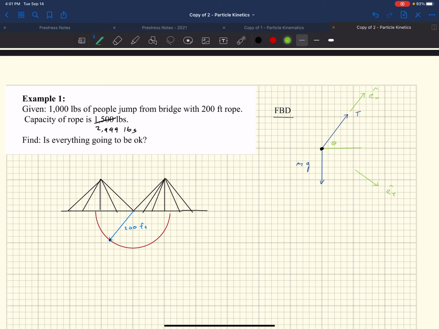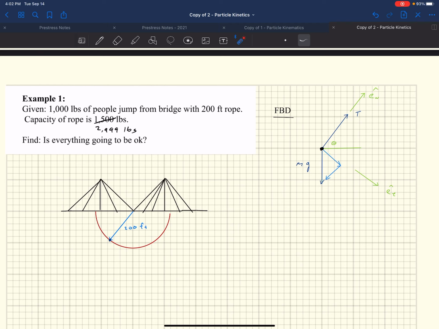Okay. The reason I wanted to leave a little bit of room is because this mass times gravity term is going to get broken into two components. Sometimes on my free body diagram, I like to show what the components are. The mass times gravity has to get broken into its normal component and its tangent component.